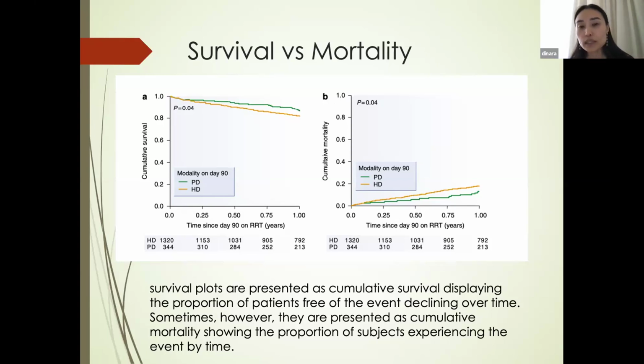We can also present this either as survival plots or mortality plots. It is basically the same information, presented either as survival or as recorded mortality. It just depends on the authors, or on you, how you would like to present the numbers.